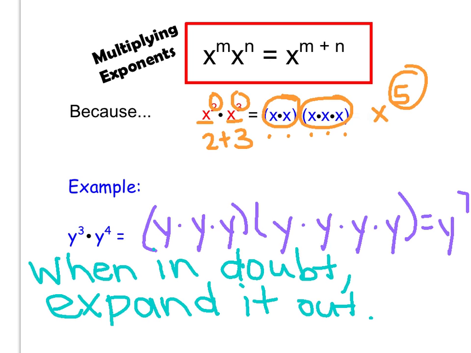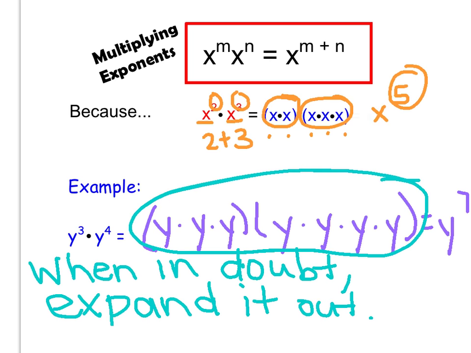Because if I expand it out, that's going to help me see what I'm supposed to do with the exponents. Like when I did this and I expanded it out, I could see I ended up with 7 y's. Well, that tells me that with these two exponents here, I need to go 3 plus 4, add them, to get my exponent. So it just helps me remind myself if I forget and haven't done it for a while.